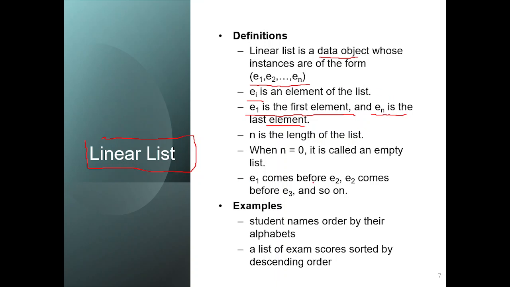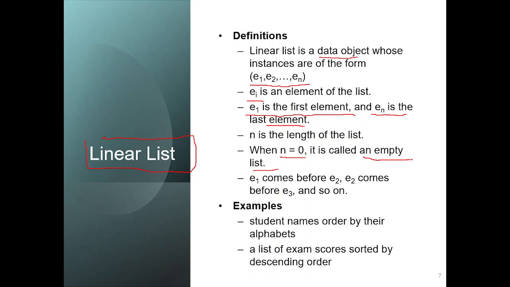E1 comes before E2, E2 comes before E3, En minus 1 comes before En. So that is the order. When n is equal to 0, then we call the list empty. If n is not equal to 0, then it is not empty.